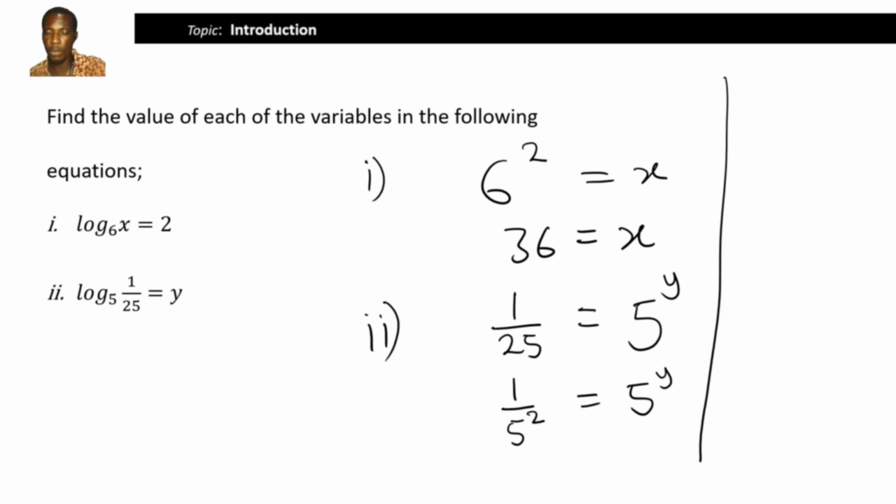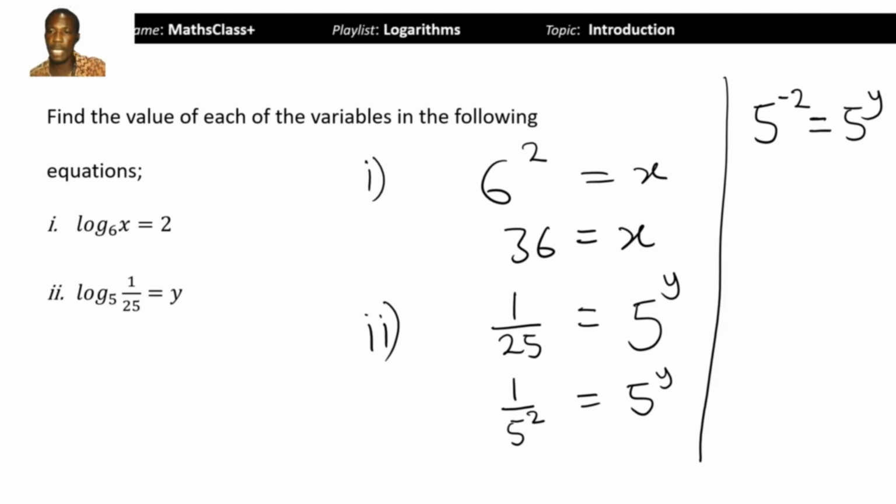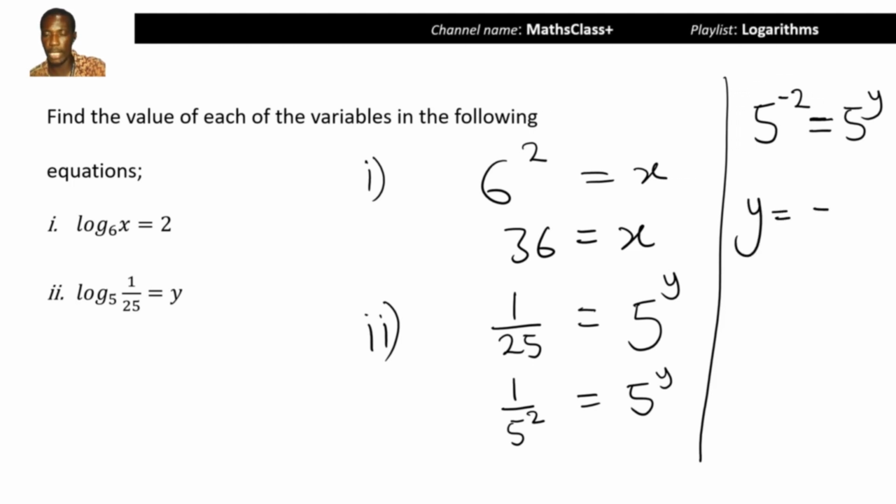And 1 over 5 to the power 2 can be written as 5 to the power negative 2, and this is equal to 5 to the power y. Since there is an equal sign between them and the bases are the same, it can only mean that the exponents are also the same. So y here is equal to negative 2.